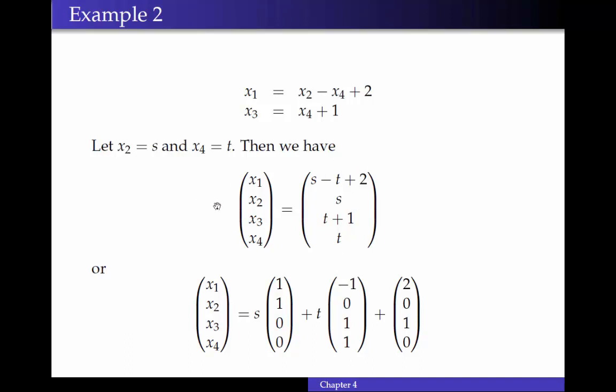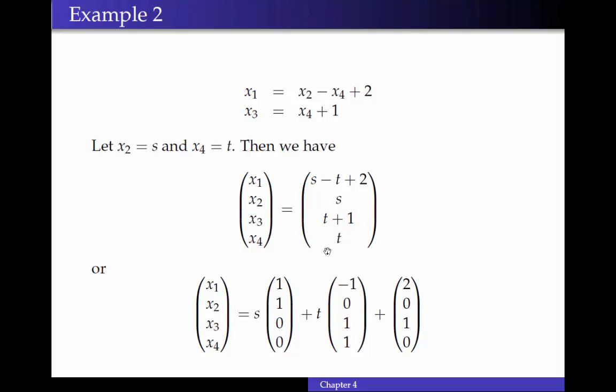Now, technically, this is a decent place to stop. This solution, no one can argue the correctness of this solution. But we generally like to break it down into its parts. And so we do that by writing it as a linear combination of s, t, and something of an intercept or constant term.